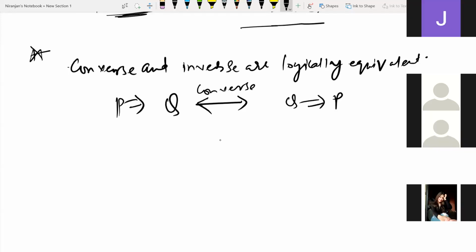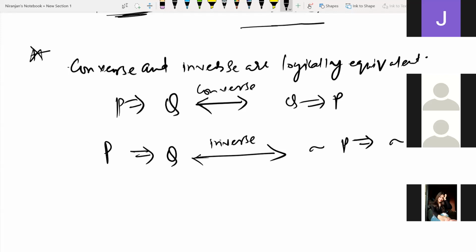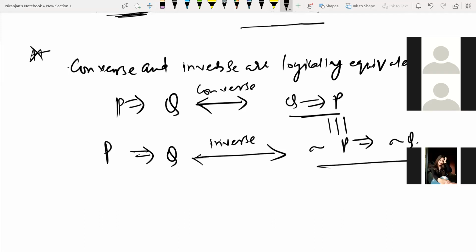Q implies P. And the inverse is negation of P implies negation of Q. So these two are logically equivalent. When you make the truth tables for Q implies P and for negation of P implies negation of Q, you will get the same truth values.